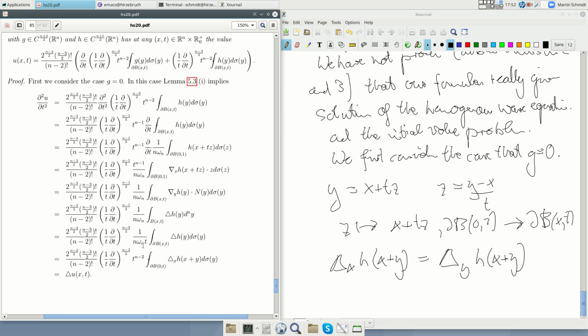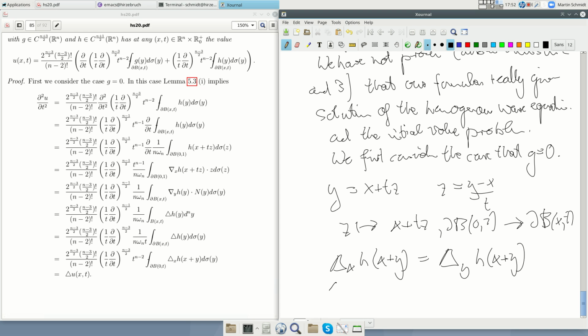And here this now we rewrite it as the mean, but the mean has the power n minus 1, but here we have 1, so the missing powers are t to the power n minus 2. So we have 1 over n omega n t. This is the same as t to the power n minus 2 divided by n omega n t to the power of n minus 1.